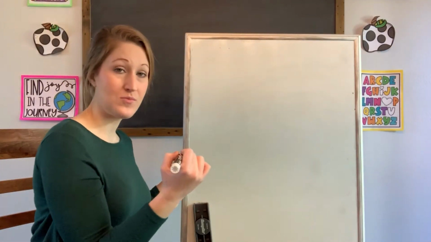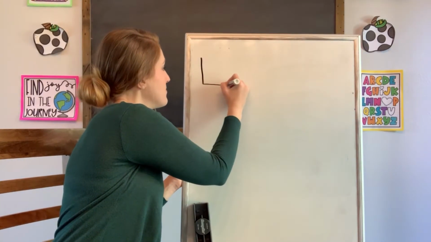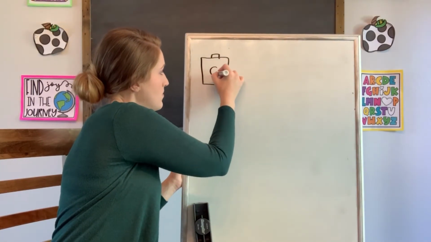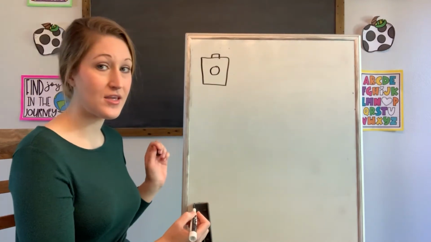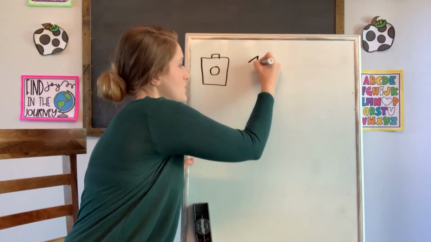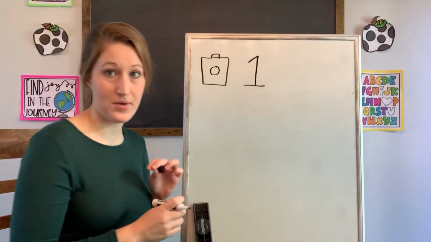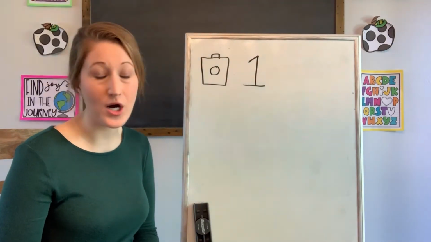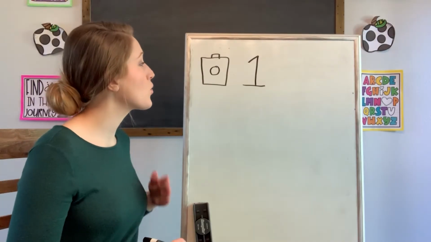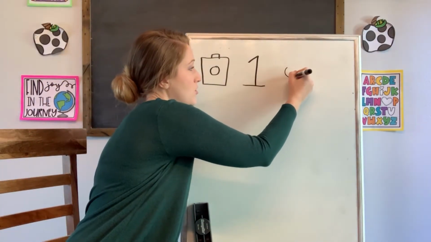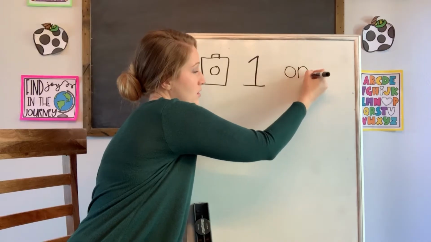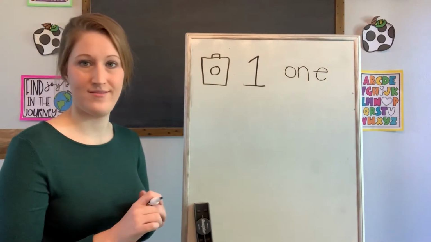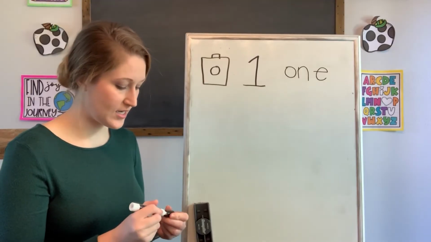So if I wanted to, I could draw my picture. Here's my cube. And how many are there? One. So I'm going to write my written number. Now, I could also write the word for one. So the word for one is spelled O-N-E. One. Very good.